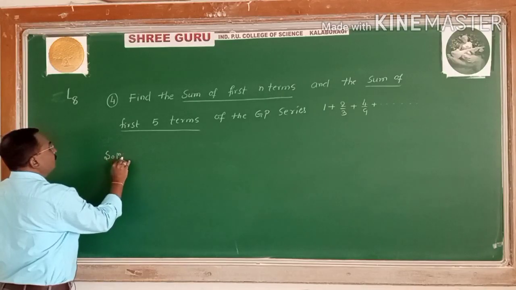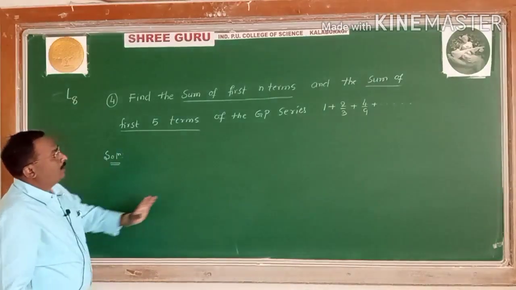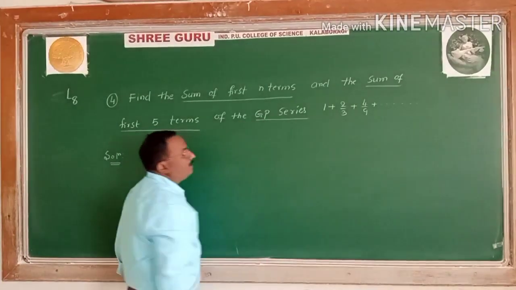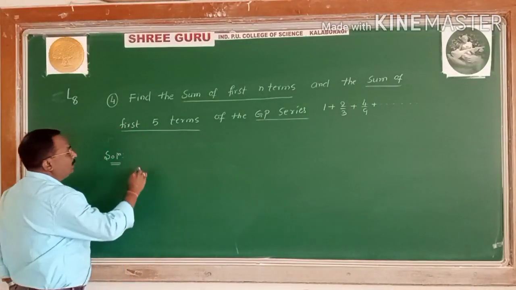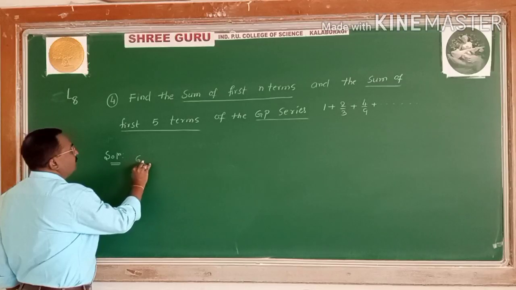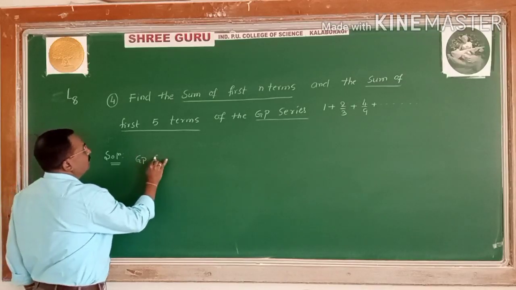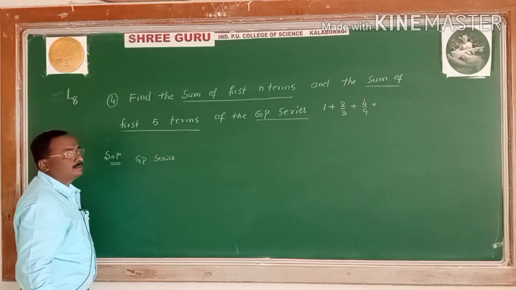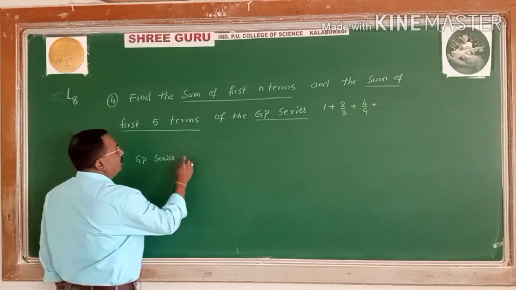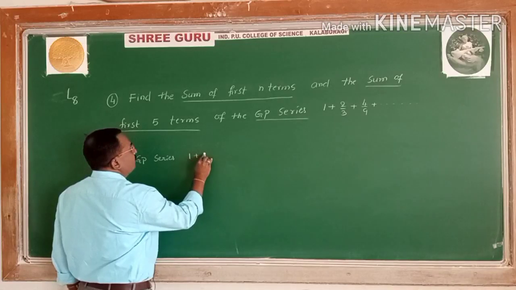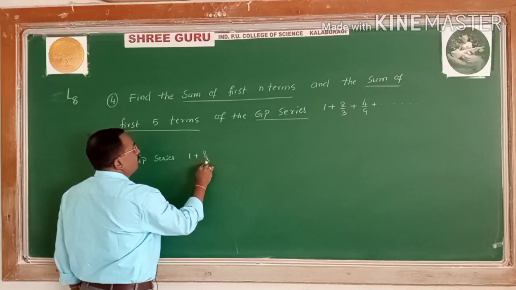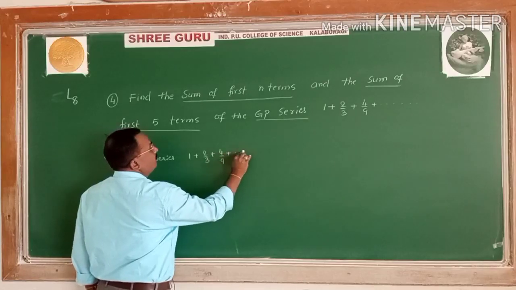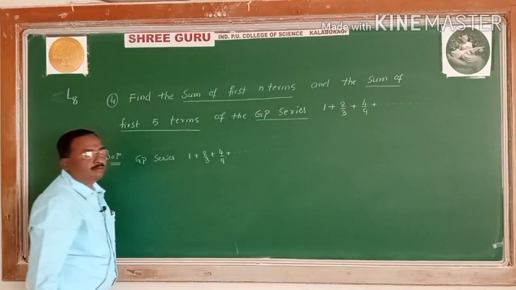Solution. If the given series is a GP series, that is 1 plus 2 by 3 plus 4 by 9 plus up to so on.